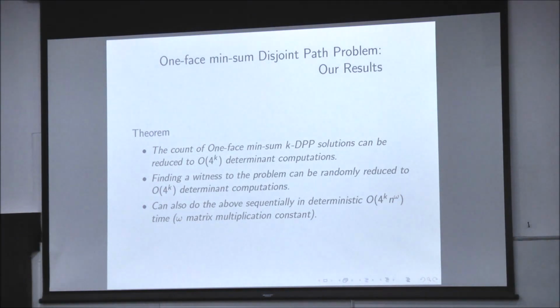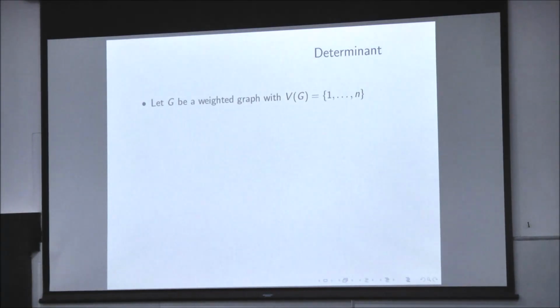So, coming to an outline of the proof of these results, let's fix some notation. Let's talk a little bit about the determinant before we move on to more stuff.